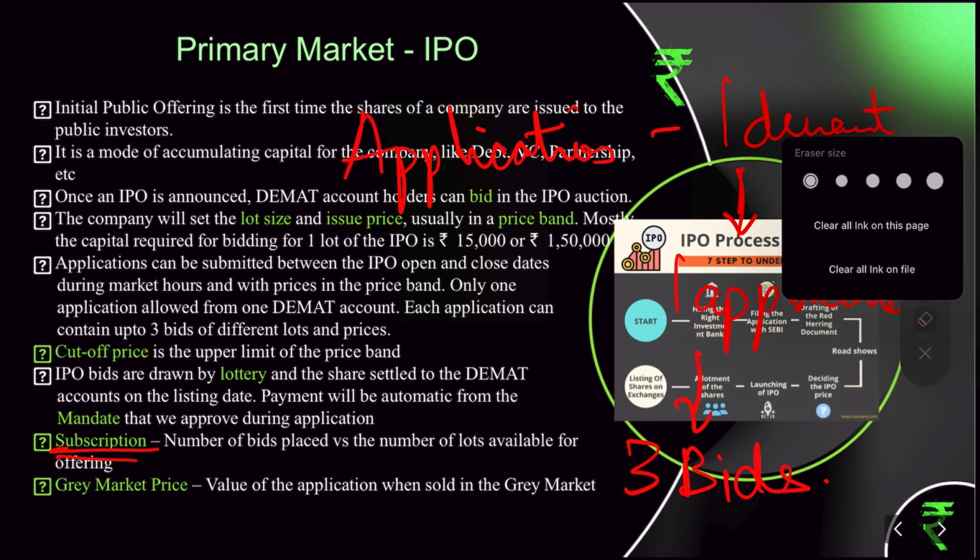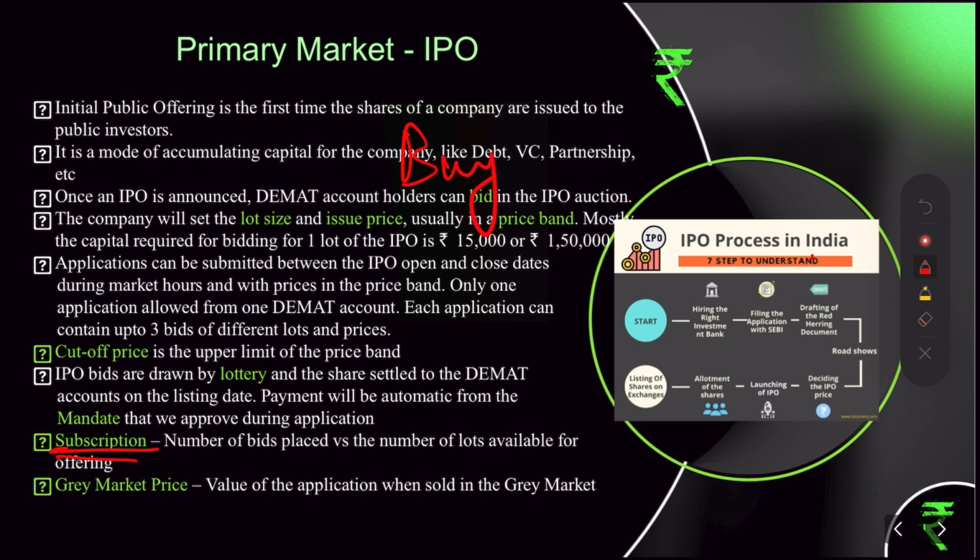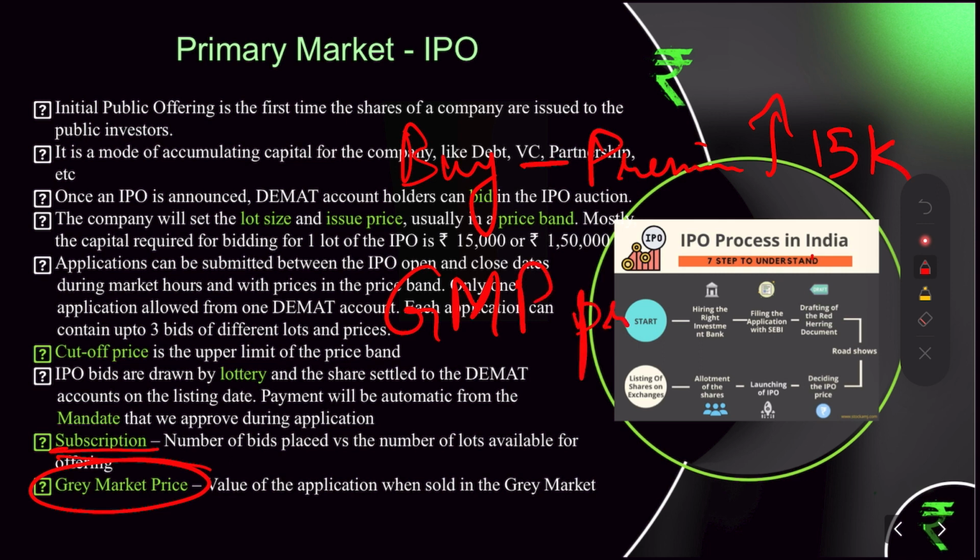So because of this limit, many people who want to grab very good valued IPOs tend to buy applications from other people at a premium price, at something more than 15,000 per lot. So they buy it at a premium price. This is what is called the gray market or GMP premium.